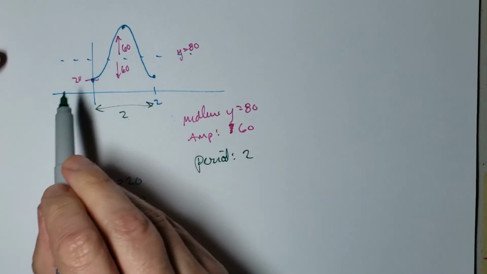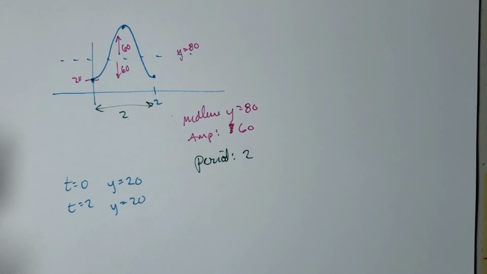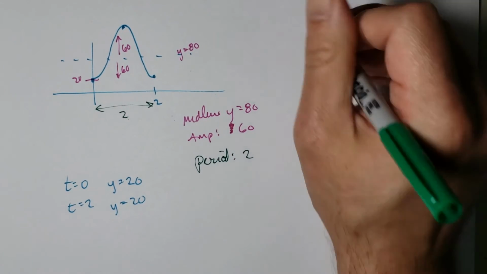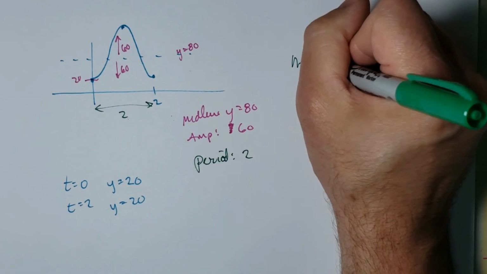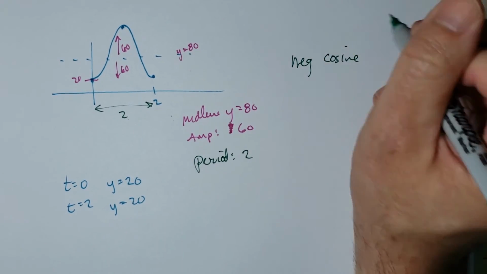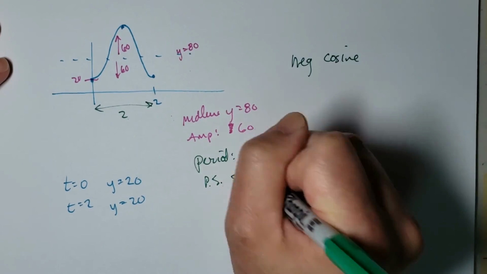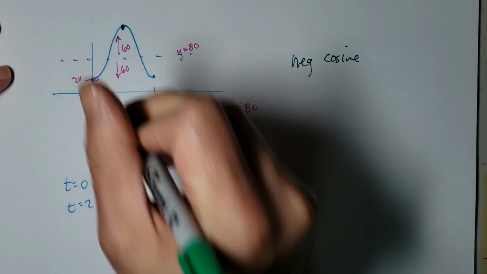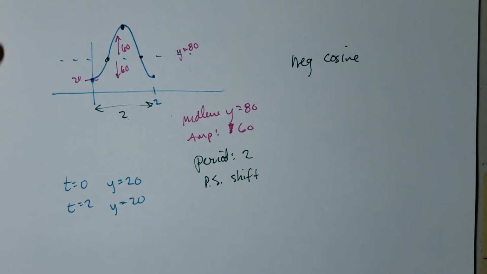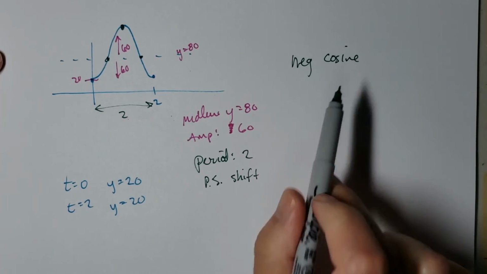You should recognize that shape as a negative cosine graph, which means there's no phase shift. You could pick positive cosine and start from another point, or pick a sine graph and figure out the phase shift, but the easiest is a negative cosine.